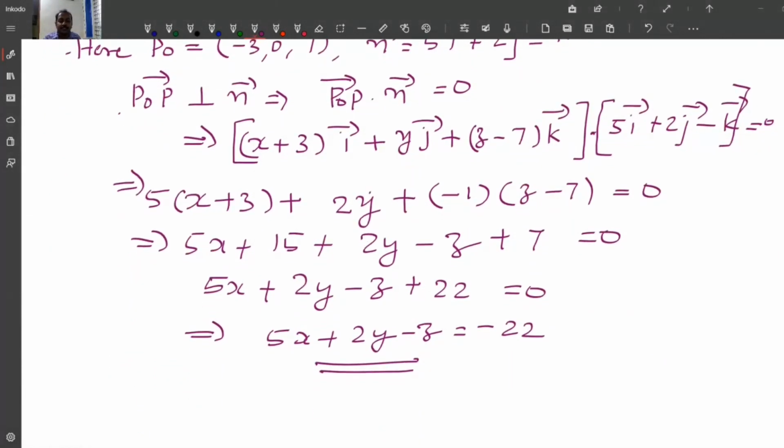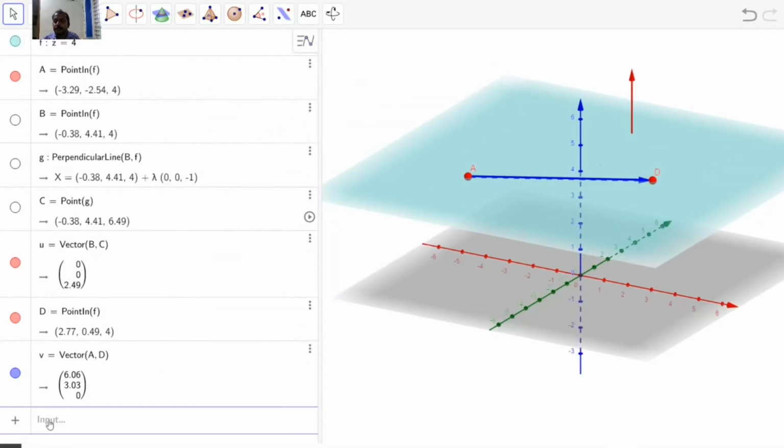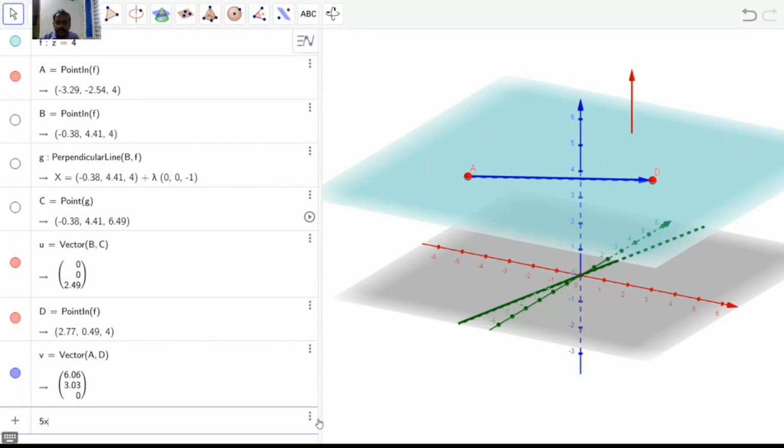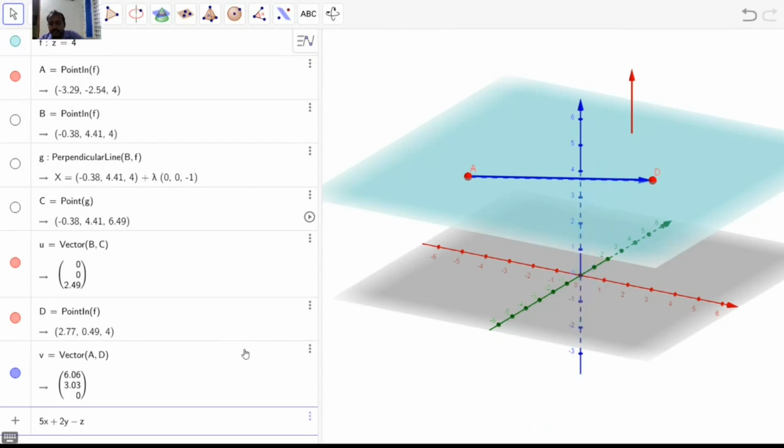You may plot this using GeoGebra. You can plot this: 5x plus 2y minus z equal to minus 22.